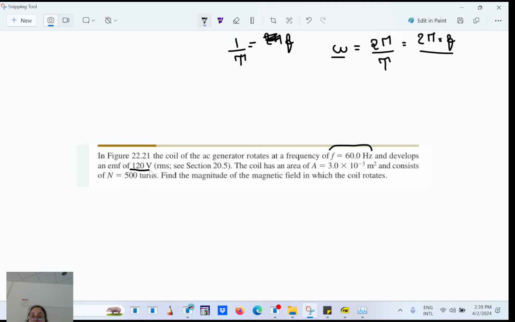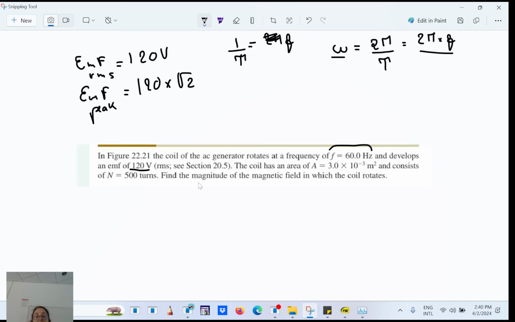So you have the EMF induced, but it's the RMS value. So you can find the peak value, which is 120 times square root of 2. Okay, so now you can do it.